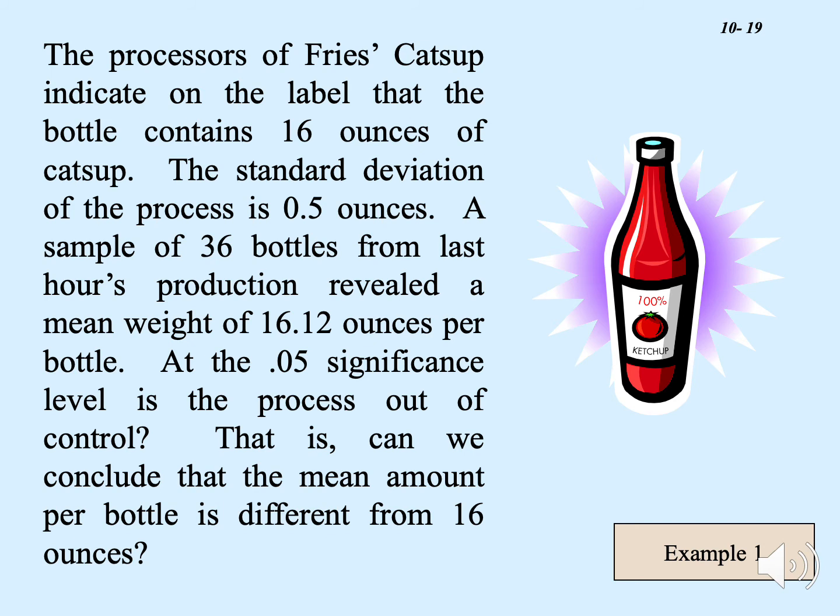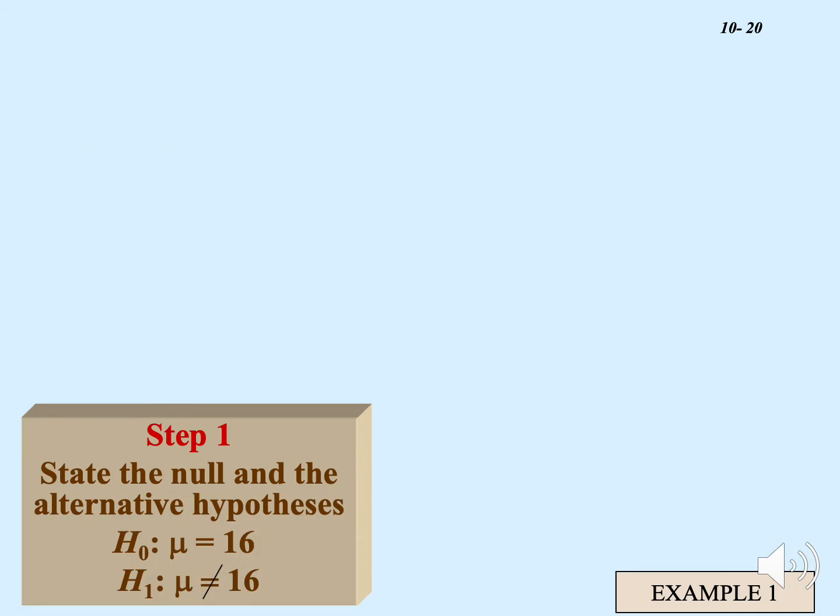So is there enough evidence to claim that the mean amount per bottle is not really 16 ounces, based on the sample of 36 bottles that has the mean weight of 16.12 ounces? So we will test hypothesis for this one. The first step is to state the null and the alternative. We would say that the null is mu equal to 16, because it is the one listed in the bottle.